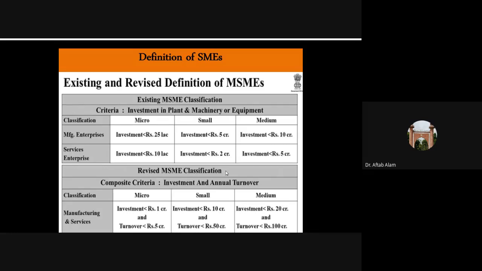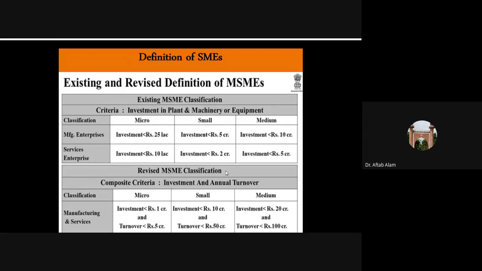In the first row you can see manufacturing enterprises, micro, small and medium manufacturing enterprises, and their limits are up to 25 lakh, 5 crore and 10 crore. Below that you can see services enterprises, who are into providing services, right? Their investment criteria is less than the manufacturing enterprises.